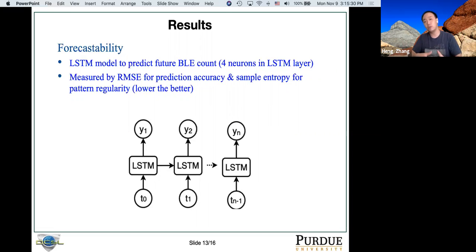We measure the performance of prediction using root mean square error as well as sample entropy. The root mean square error essentially measures the difference between the predicted results and the observed results. And sample entropy is a metric to measure if the time series pattern has certain regularity. For both of those metrics, the lower the value, the better the results.